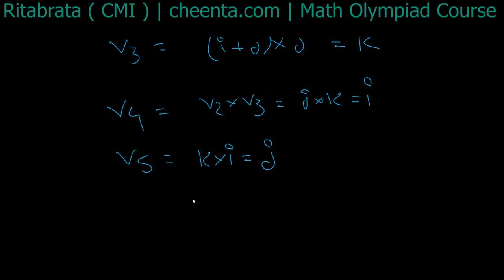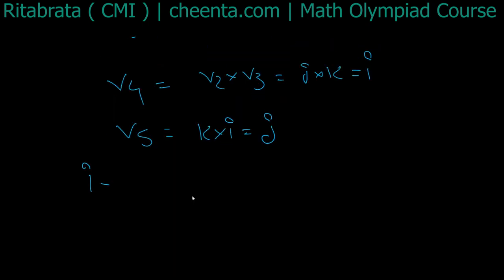So how does the sequence look? V1 is I plus J, V2 is J, V3 is K, V4 is I, V5 is J, and V6 will be again K. So previously my sequence was repeating like I, J, K, I, J, K. Here I just change my initial term to I plus J, so that it repeats but I have one more extra term as an initial, so that my cardinality of S becomes 4.